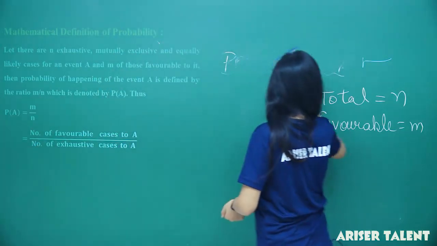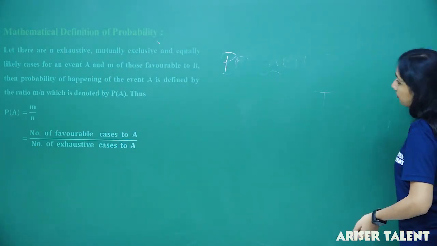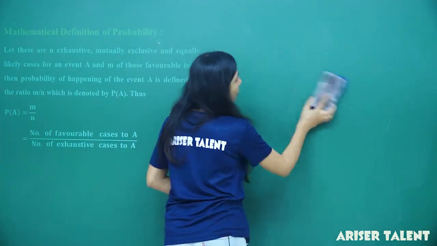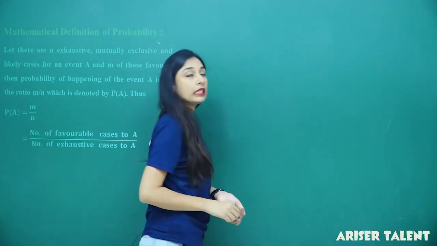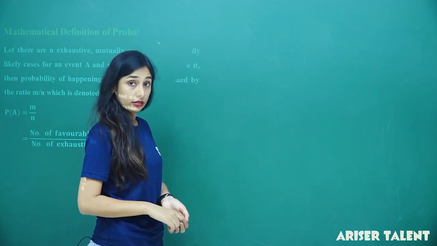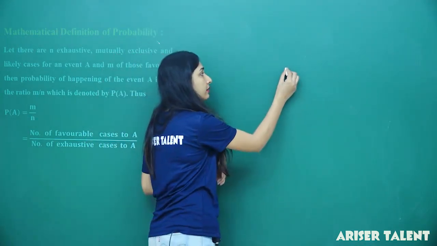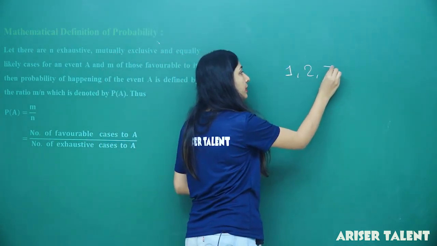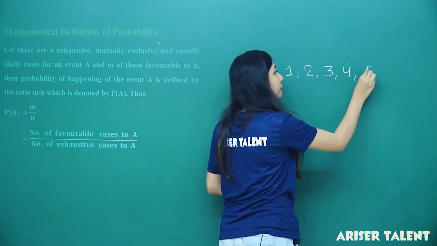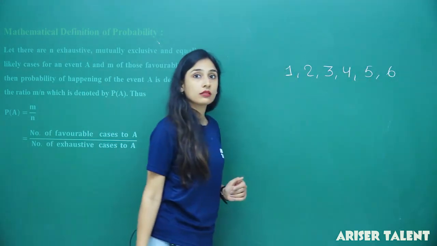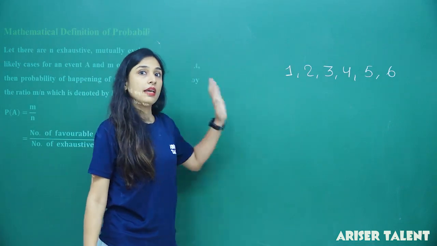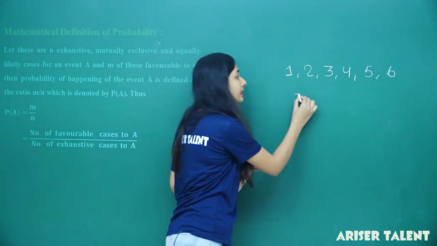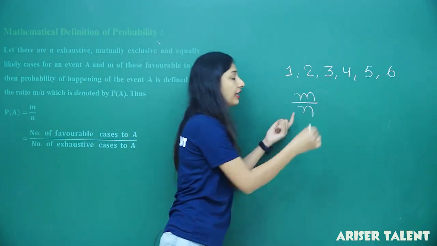Now, wait. We are talking about coins and cards and what else? Dice. Okay. So if I am talking about dice, 1, 2, 3, 4, 5 and 6. We have talked about the formula, which is clearly m by n, where n is total.